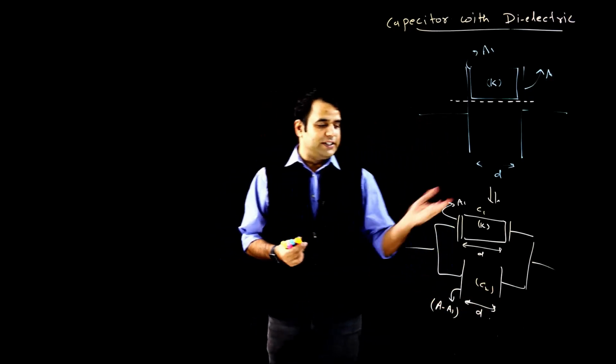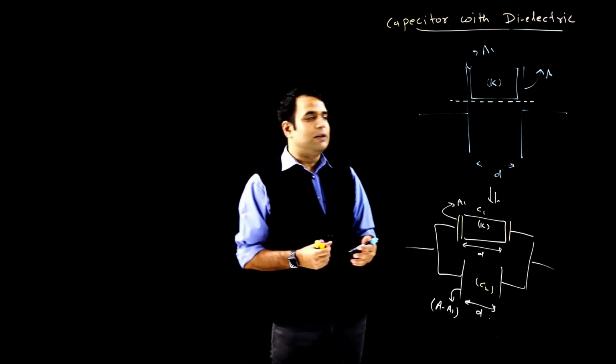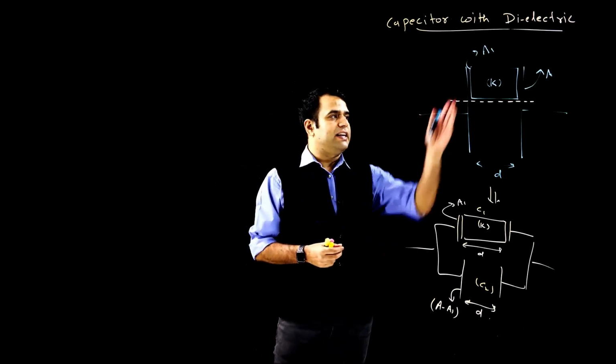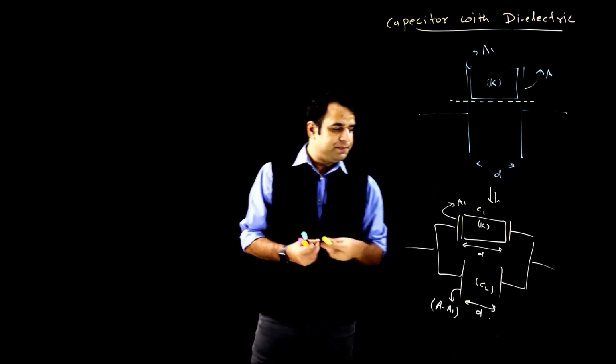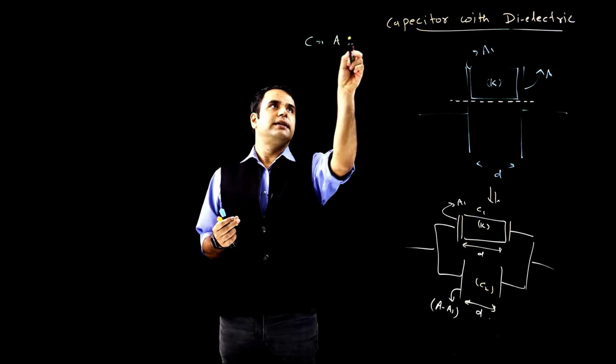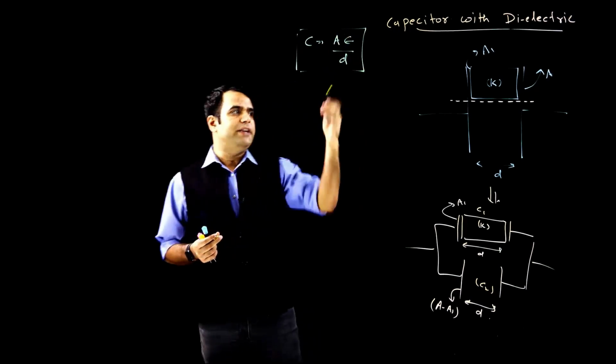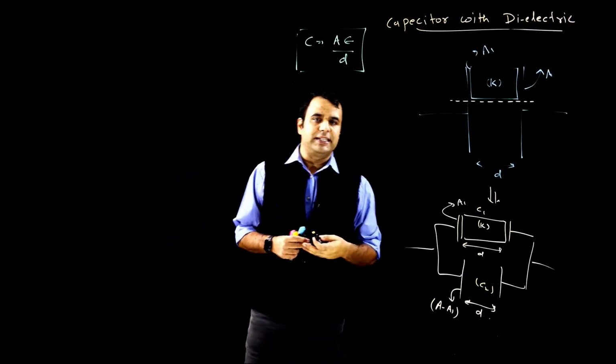First I'll calculate C1 and C2, then by using the parallel addition formula, I'll calculate the effective capacitance of this system. We know the formula for capacitance is A epsilon upon D, where epsilon is the permittivity of the medium inside the capacitor.